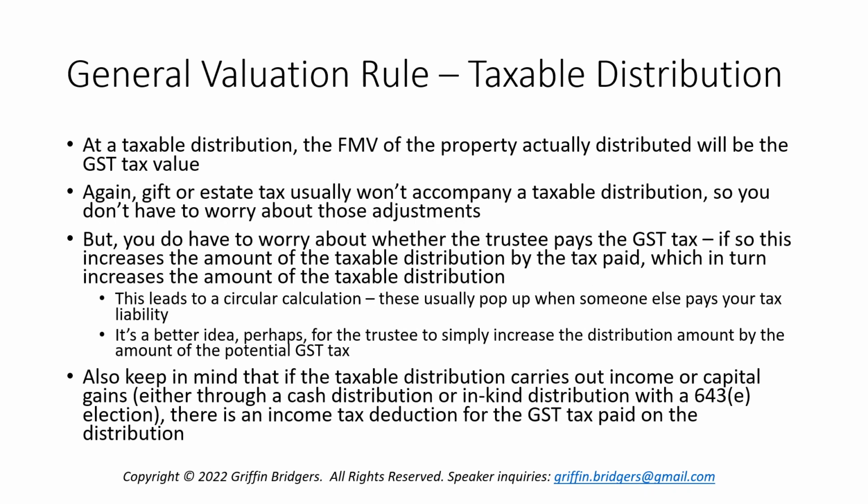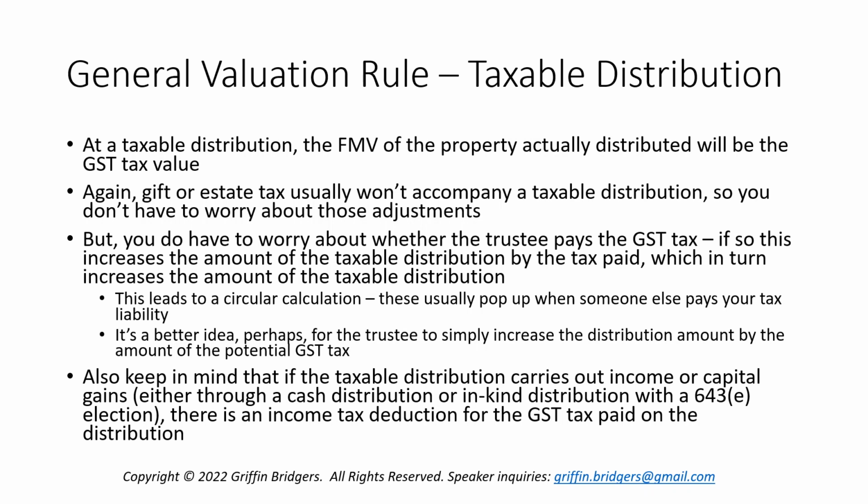But what you do have to worry about is this little lurking issue in a lot of tax spheres called a circular calculation. When there's a taxable distribution, the skip person who's receiving it is responsible for paying the GST tax, not the trustee, but the skip person recipient. So what happens here is if the trustee does actually pay the GST tax in conjunction with the distribution, what that will do will increase the amount of the taxable distribution by that GST tax paid, which in turn increases the amount of the taxable distribution itself, which then in turn increases the amount of the GST tax that's owed.